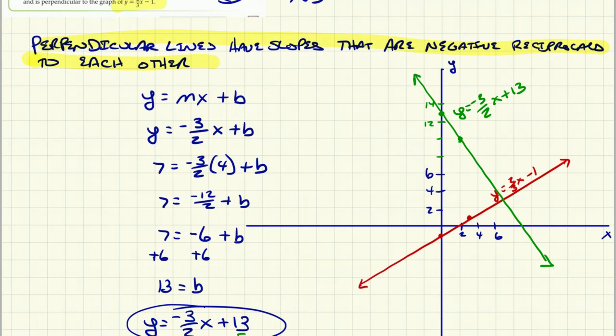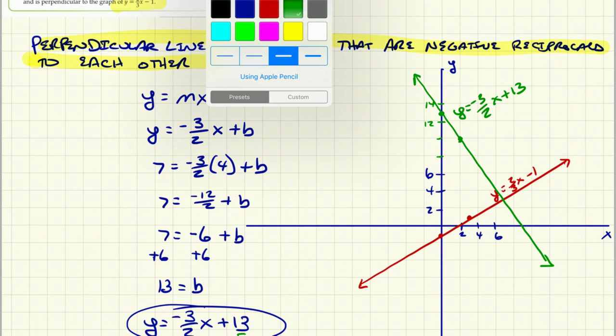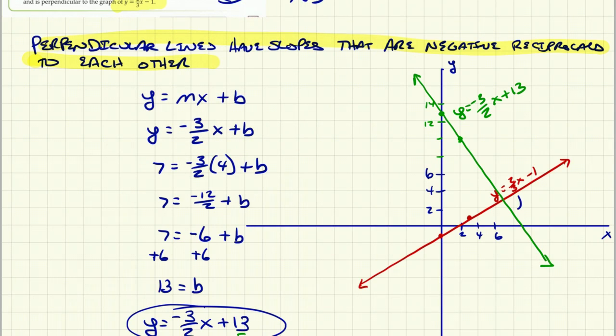You can see that these angles come together at 90 degrees. So we have a good picture there. So that's it for perpendicular lines.